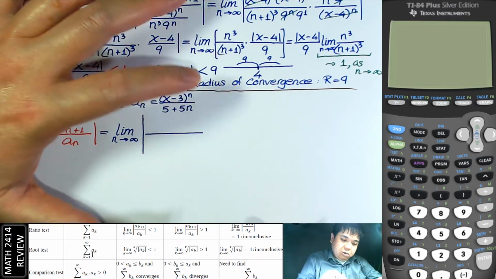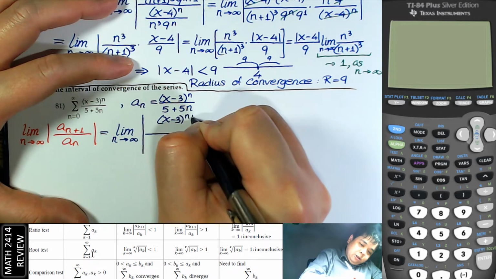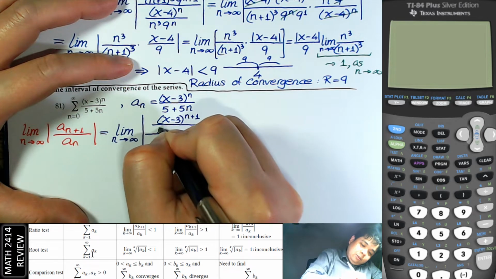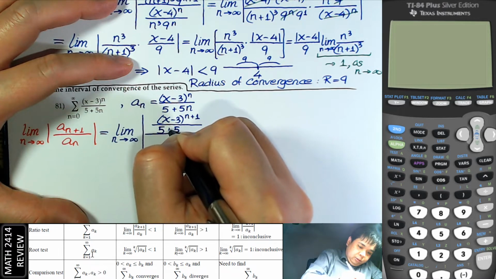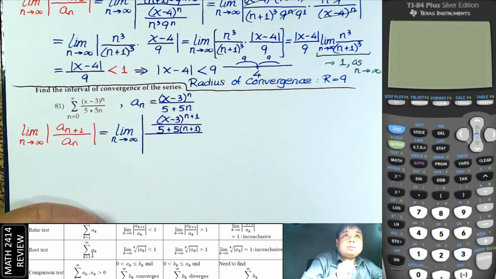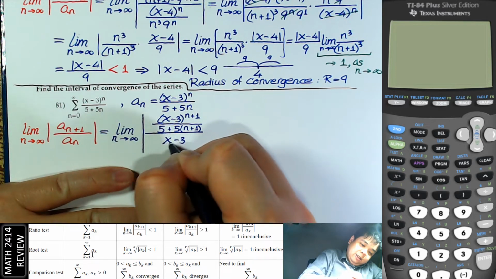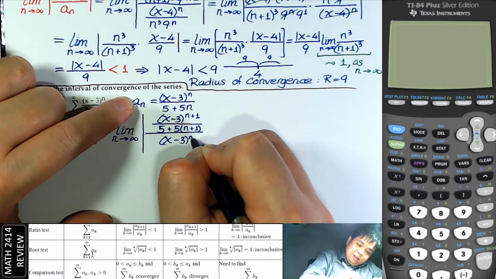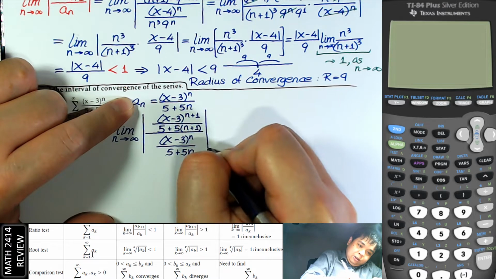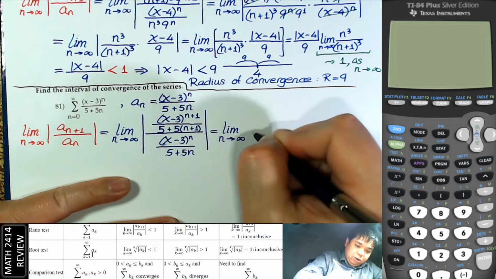So that's n plus 1, and then over the same thing, a sub n. Dividing a fraction is multiplying by the reciprocal.